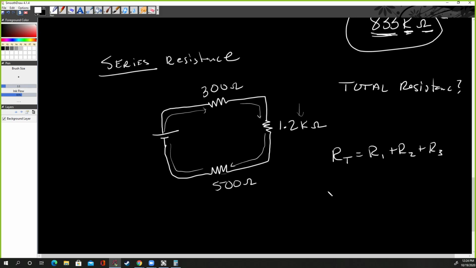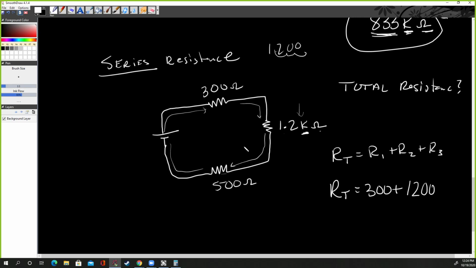So the equation is 300 ohms plus 1.2 thousand ohms. So that's 1,200 ohms. You've got to write it like this, okay? Do not write that it's 1.2 ohms. It is not. It's 1.2 thousand ohms. So 1,200. Just move that decimal place 3 times: 1, 2, 3.